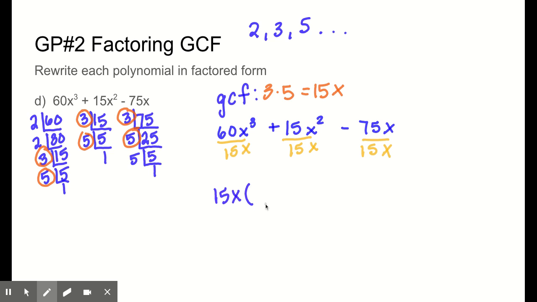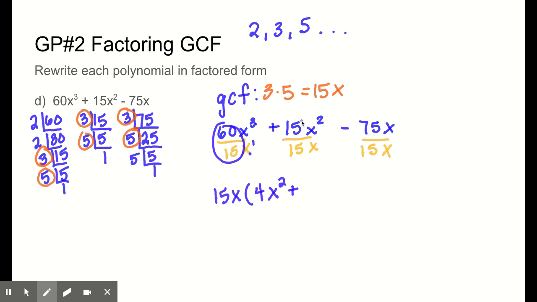The GCF must always appear in our final answer when we are factoring. So 15x, let's see what we get when we divide. 60 divided by 15 gives us 4. x cubed divided by x: now remember, there's an invisible exponent here. So we have to subtract our exponents, and 3 minus 1 gives us 2. So that gives us x squared.